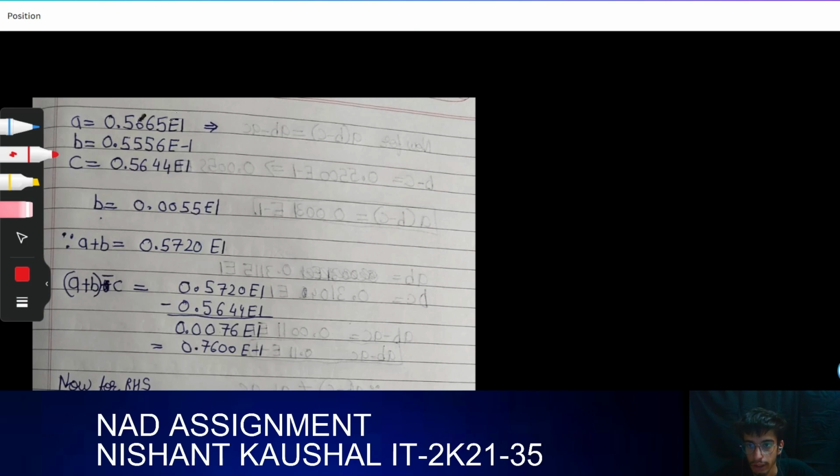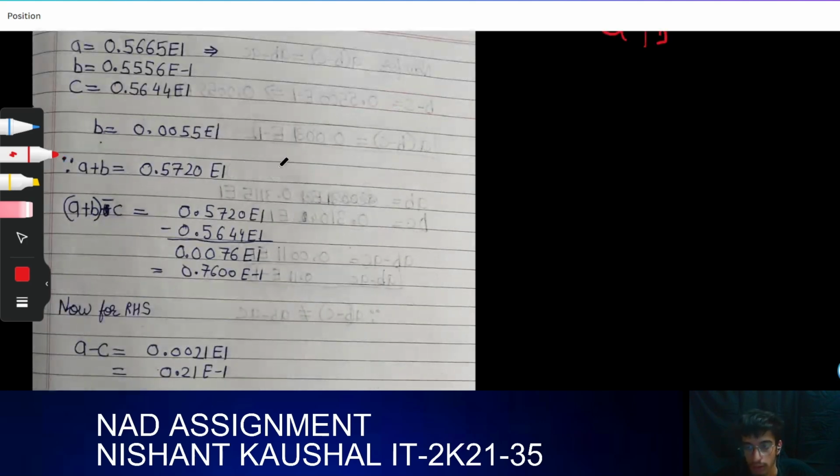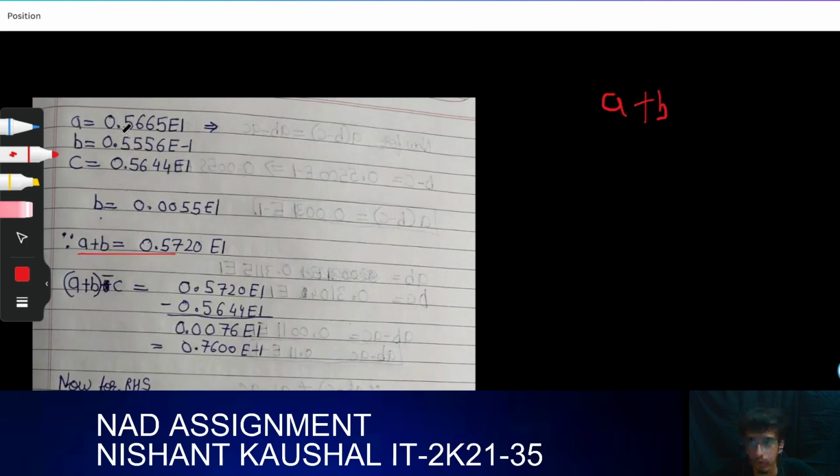We are given a equals 0.5665 e1, b equals 0.5556 e raised to the power minus 1 and c equals 0.5644 e1, right? I have told you the concepts of addition and subtraction in previous questions, so I will not explain this here. So a plus b will be what?